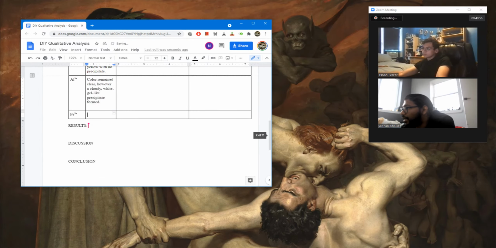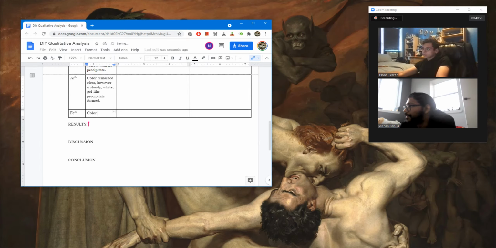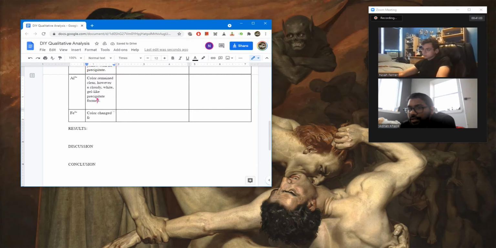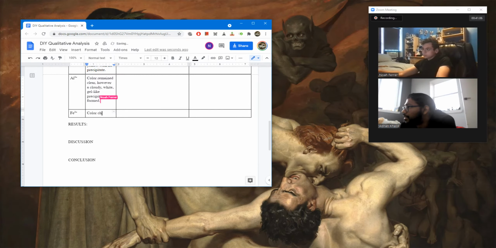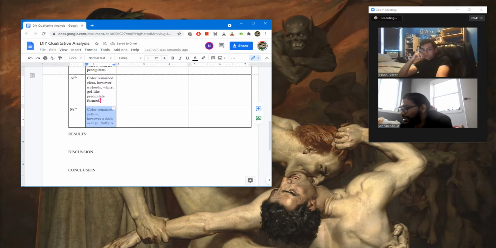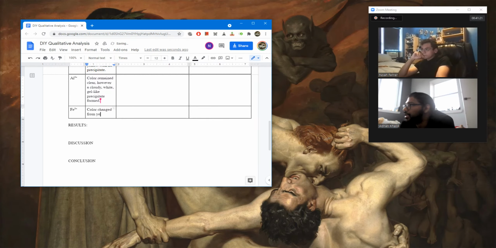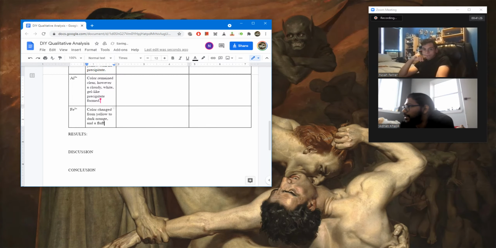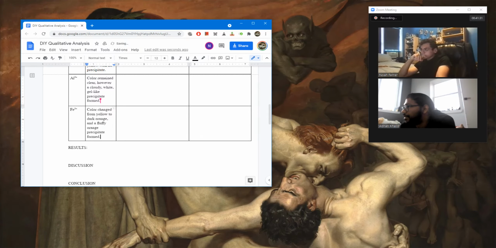Then for iron, the color changed from yellow to a dark orange, and a fluffy orange precipitate formed.